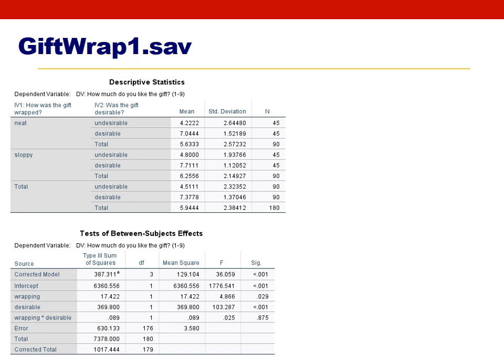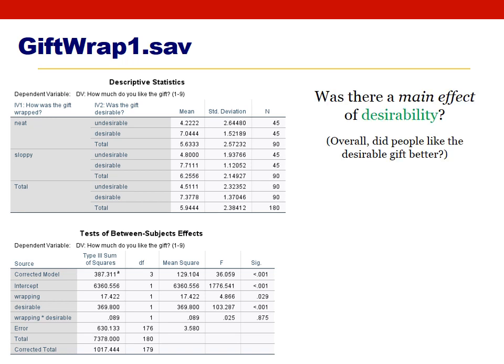Let's now do the same thing, but for the other independent variable, which is what was inside the box. Was there a main effect of desirability? So if we ignore how the gift was wrapped, did people overall like one gift better than the other?